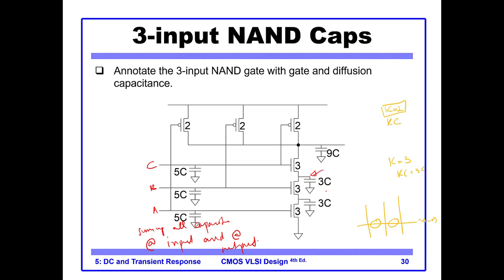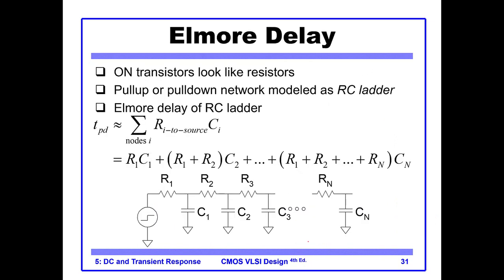See that these capacitors stay where they are, and there was another capacitor here, if you remember. Because it is shorted, this one also goes away. Okay, so this is how you convert your circuit into all the capacitances needed.